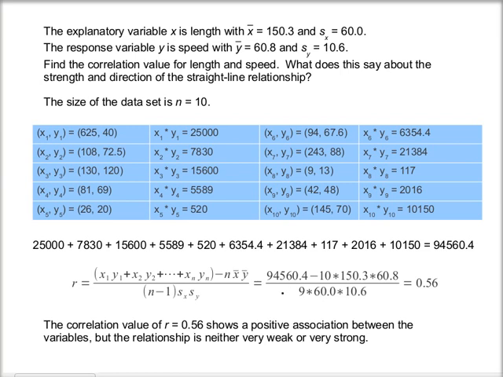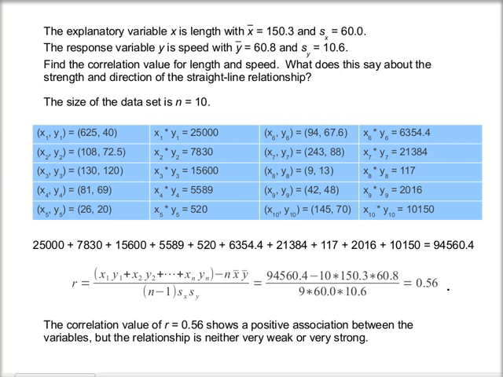Then I'm dividing by n minus 1, which is 9, times the standard deviation of my x values, which is 60, and times the standard deviation of my y values, which is 10.6. So once I put that all in my calculator, I'm going to get 0.56 as my correlation value.